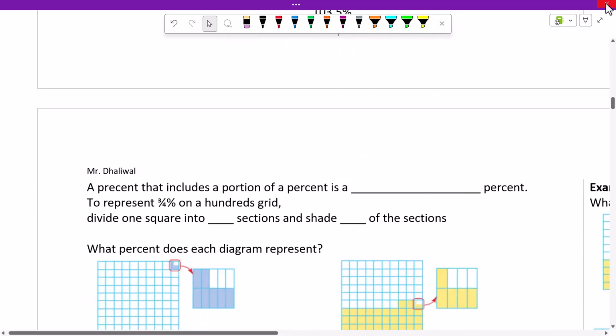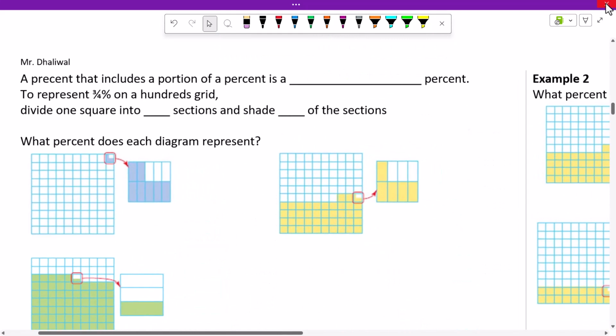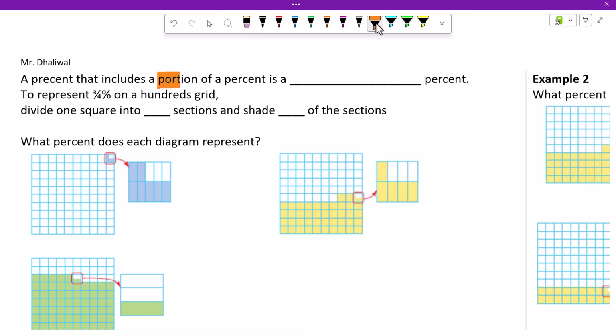So, in this situation, right? So when we have a portion of a percent, right? That means less than 1.